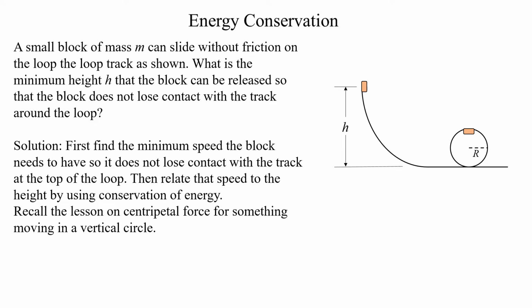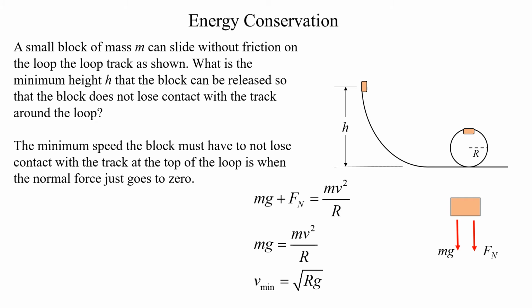And there's a video in the section on centripetal force that talks about this. There we determined how fast it has to be going so that it doesn't lose contact with the track at the top of the loop. So once we know that speed that we have to make it through the loop without falling, then we can relate that speed to the height by using conservation of mechanical energy.